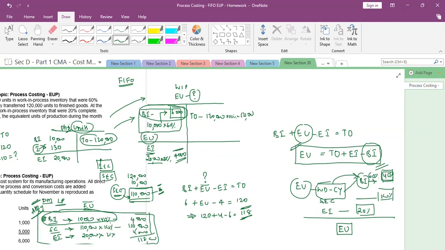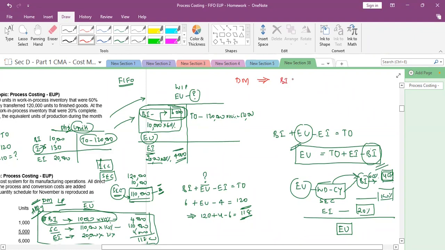This is our current year equivalent unit cost. Yeah, you are near to the answer. If you keenly observe the direct method, it takes beginning inventory remaining 40%, started and completed 100%, ending inventory 20%.